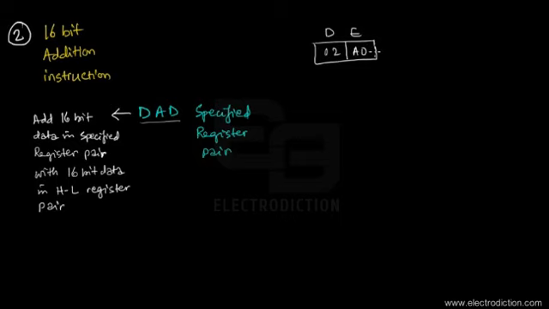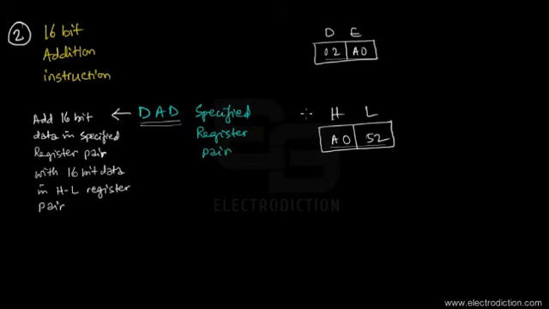So this is the 16-bit data present in the DE register pair, and let's say the HL register pair contains the 16-bit data A052. Now if we want to add these two 16-bit data, what would we do? We would use this instruction known as DAD.